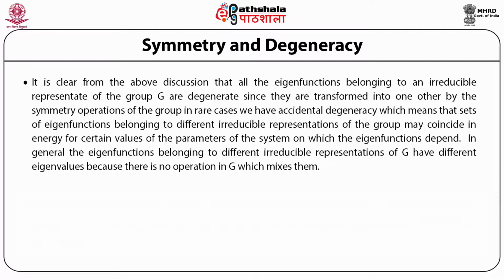In general, the eigenfunctions belonging to different irreducible representations of G have different eigenvalues, but for some parameter values they may have the same eigenvalue, in which case the degeneracy is accidental. In general, they have different eigenvalues because there is no operation of G which mixes these eigenfunctions.